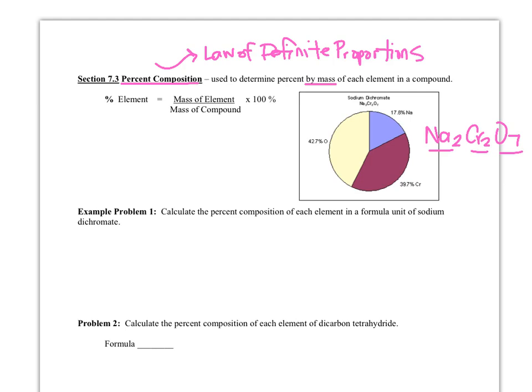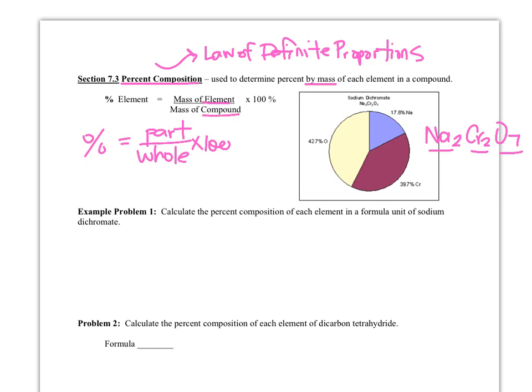The way we calculate it is really easy. It's taking the mass of that element divided by the mass of your compound. So anything that is a percentage is taking the part out of the whole. And then we make it the percentage. That would be a decimal, and so it would be times 100 to make the number nicer, right? So in this case, our part is the element that is part of the whole compound, okay?